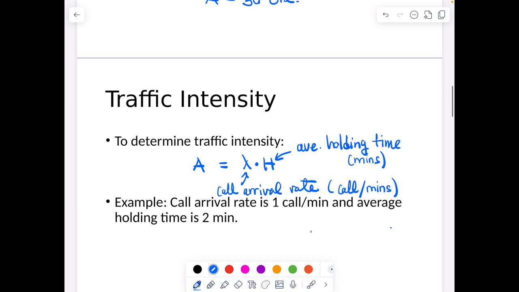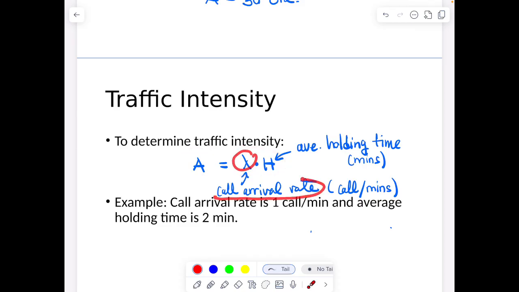Okay. So the way we compute traffic intensity, well, it depends on how often the calls arrive or try to connect to the network, and also on average holding time. So it turns out traffic intensity is equal to lambda multiplied by H. So what is lambda?